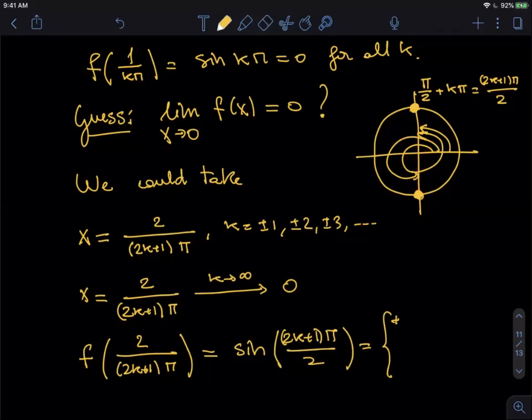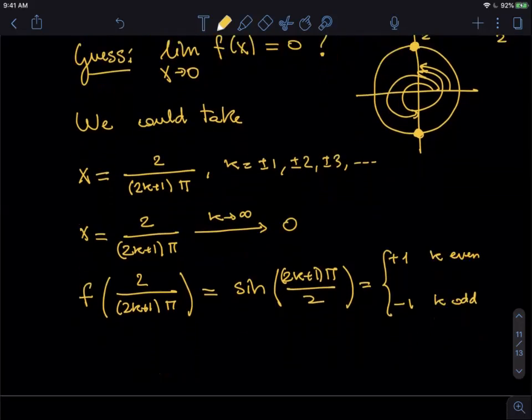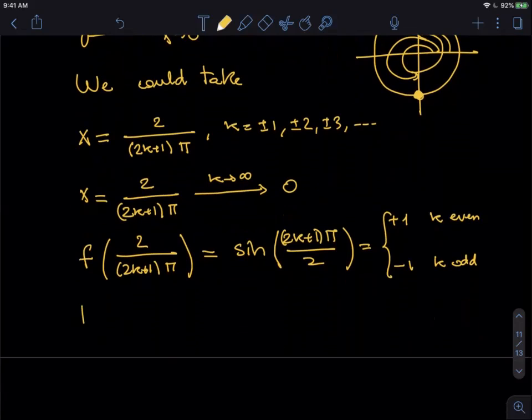So it is plus 1 if k is even, and it is negative 1 if k is odd. And that's pretty much it, because we have a bit of a problem. So the limit cannot exist.